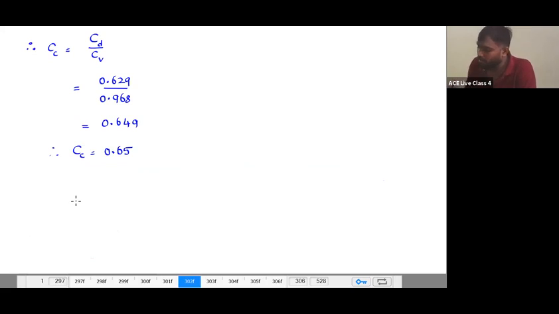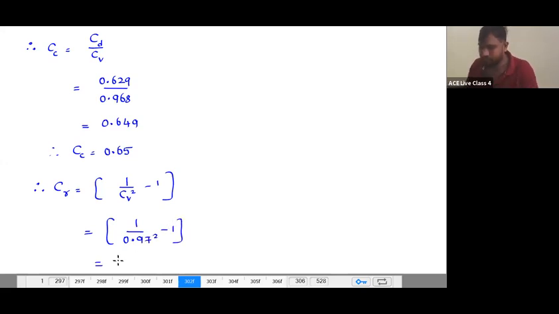And you know the CR, what is CR? 1 by CV square minus 1. So 1 by 0.97 square minus 1. This value is going to be 0.0628.